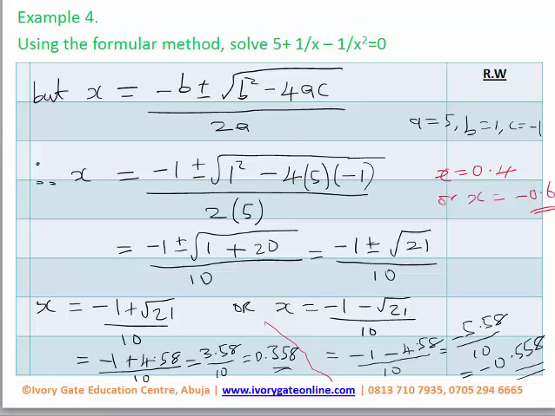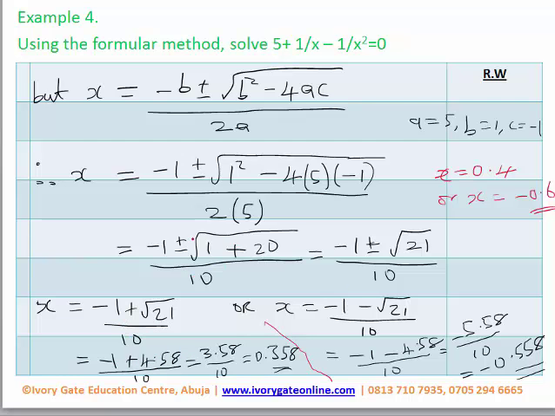Then plugging this into the relation minus B plus or minus square root of B squared minus 4AC over 2A, we have this. We end up having a discriminant that is 21. Then using our calculator, we got it to be 4.58.